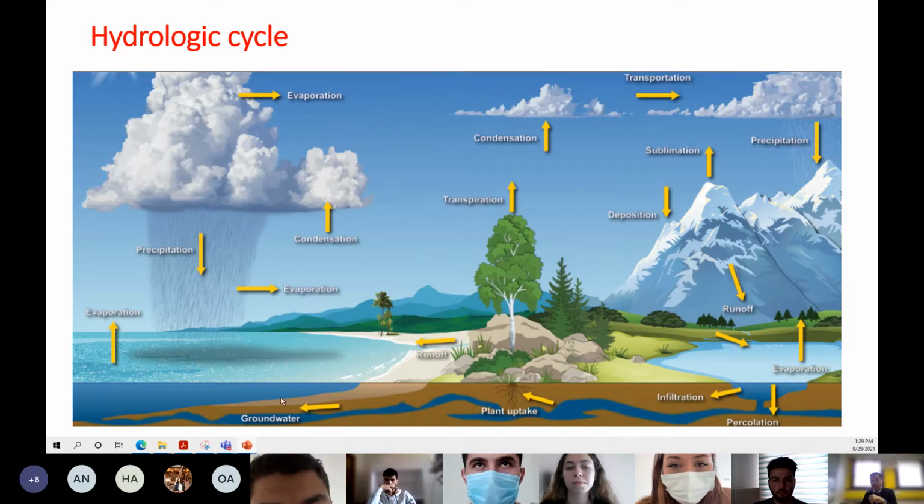You know that we have water bodies like oceans. You see oceans, seas, lakes, glaciers, or ice packs. These are all water bodies. And also we have atmospheric water, water vapor.